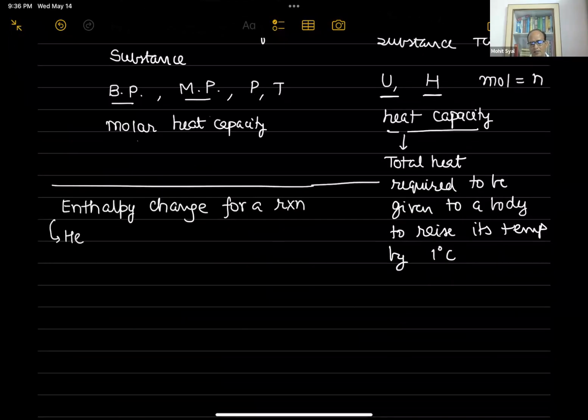It is basically the heat change for a chemical reaction. That is called enthalpy change for a reaction. Got it?